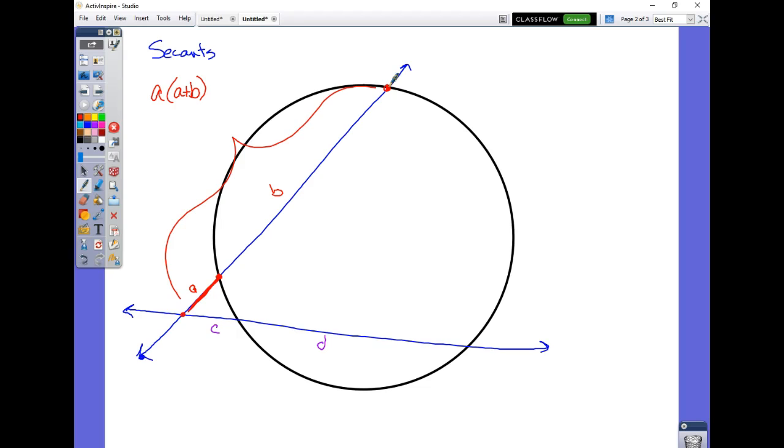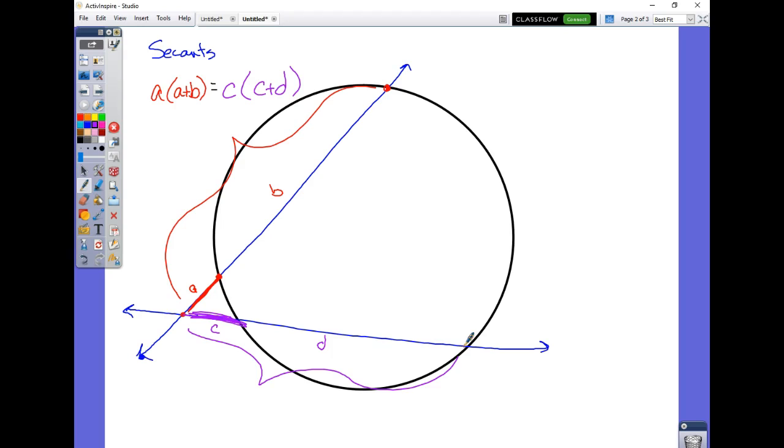And that is going to equal our C times C plus D. Again, taking this segment here and multiplying it by that entirety there.